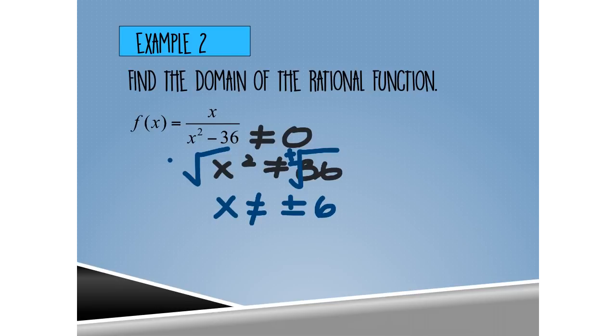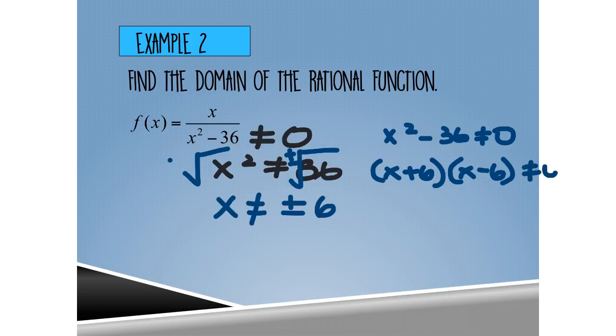Or I can factor x squared minus 36 cannot equal 0, and I get x plus 6 and x minus 6, because that's the difference of two squares. And so I would split it up and say that x cannot equal negative 6 or positive 6. Whichever way your brain sees it is totally fine. Just make sure that you don't forget the plus or minus on the square root one.